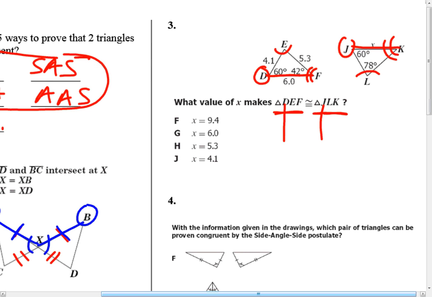What value of X makes them equal? So that's got to be 6. Make sure that you notice correspondence in your congruent statements.